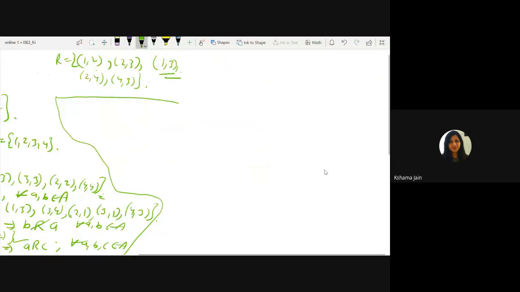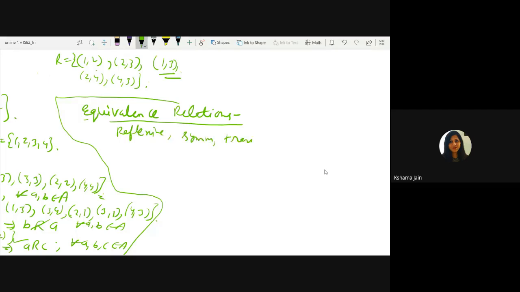Okay. So these were the properties. On the basis of those properties, types of relations came. Not much, just 2. So this is equivalence relations. An equivalence relation means the relation which is satisfying 3 properties: reflexive, symmetric, and transitive. Then a relation is called an equivalence relation. The question would be, in the next session I will take, don't worry, I'm not taking it now.